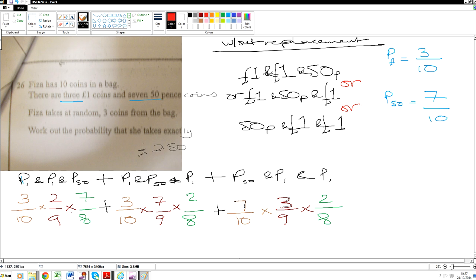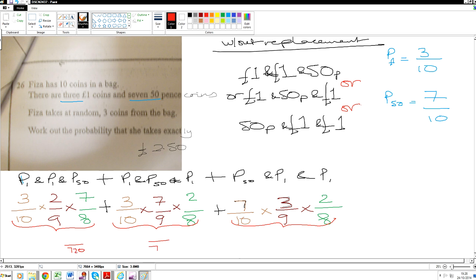Okay, here we go. So we have this one, times this one, times this one. The bottom number is going to be the same each time. 10 times 9 is 90. 90 times 8 is 720.